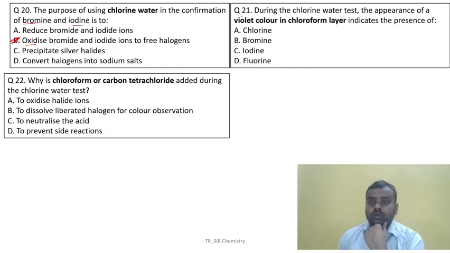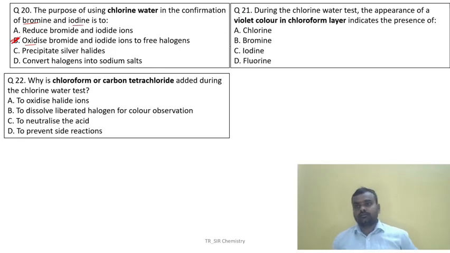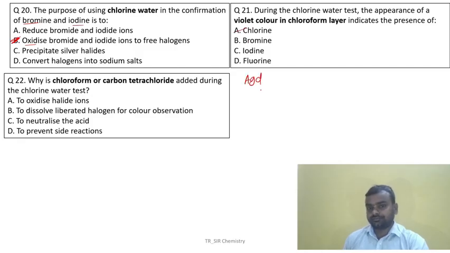21st question. During the chlorine water test, the appearance of a violet color in the chloroform layer indicates the presence of which halogen? AgCl is white color. Okay, one second. It is a violet color, right? So if violet color is forming, that confirms iodine. Yellow means bromine.